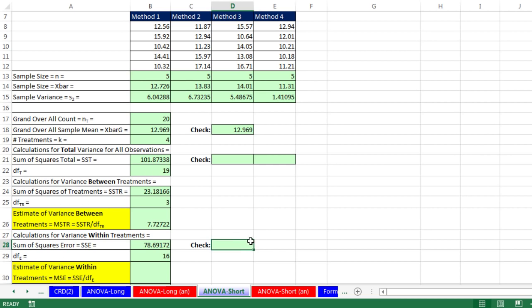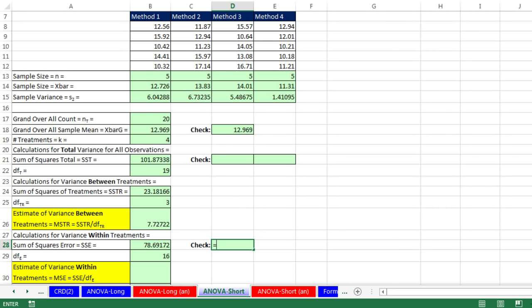So we could actually calculate this by taking all of these and multiplying them not by 5, but by 4. Because remember, the step before calculating variance is to take the sum of the squares and divide by the degrees of freedom. So really what we're going to do here is take this. This has already been divided by the degrees of freedom. So we're going to take this and undivide it by multiplying it by 4, 4, 4, 4.